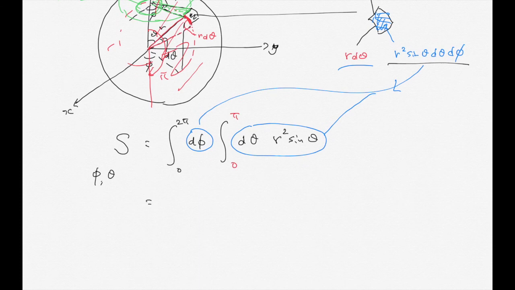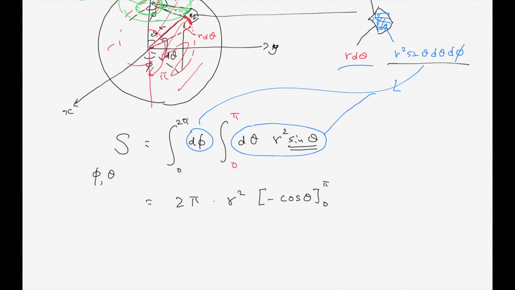The integral over phi becomes 2 pi. And r squared is a constant. And the integral of sine becomes minus cosine theta, because the derivative of cosine becomes minus sine, 0 to pi.